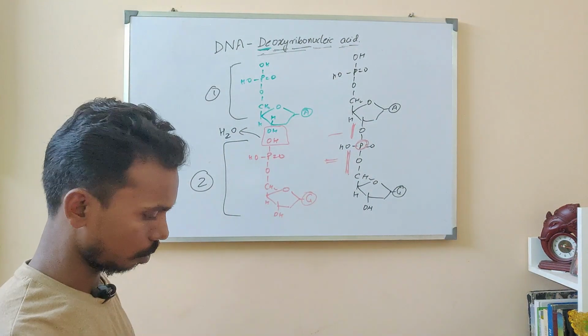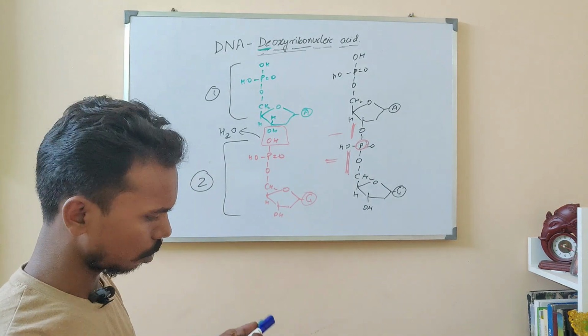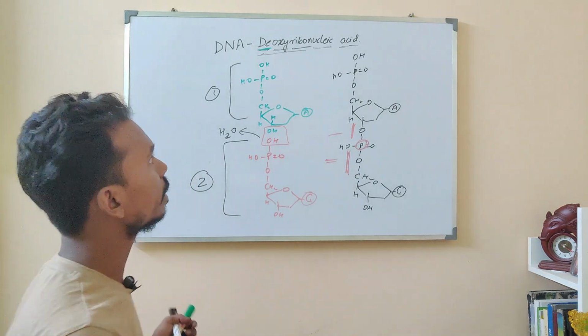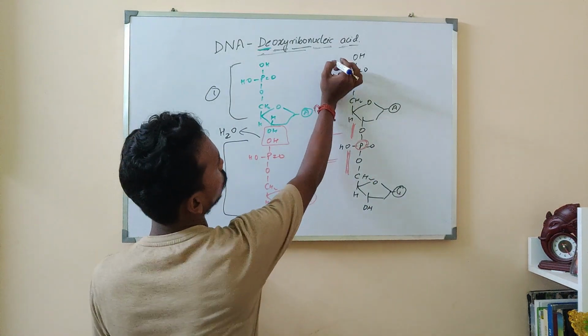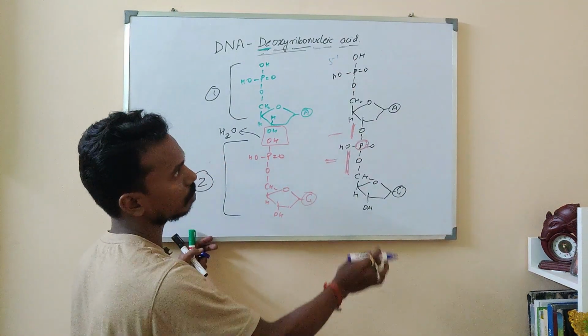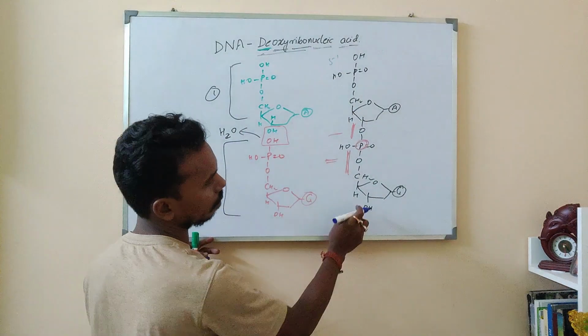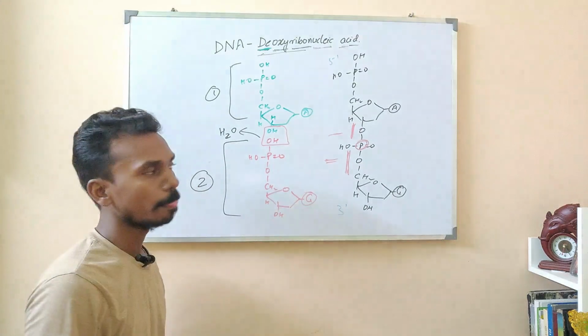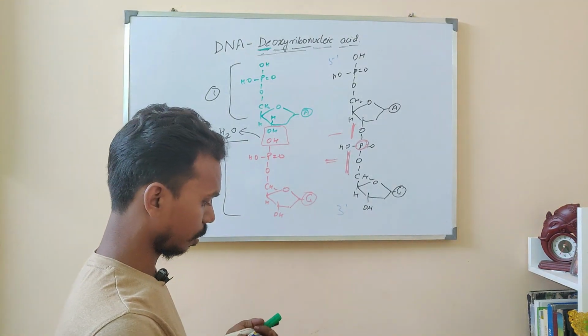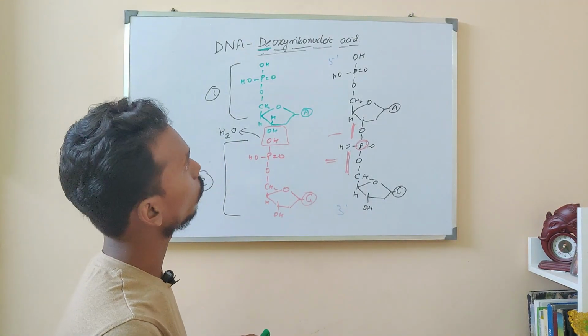So if we talk about the opposite side, let's see the direction of this polynucleotide. This one would be the 5' direction as the fifth carbon is here, and this one is the 3' direction as the third carbon is here. And now see the direction of the strand in the opposite direction.